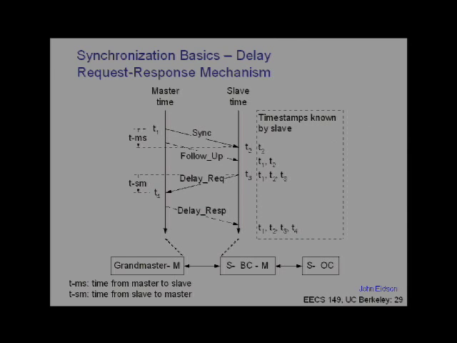So one node serves as master and the other serves as slave. And the slave node will synchronize its clock to the master. Okay? So that's the general idea of the protocol. So you have a network. The network organizes into maybe a hierarchy of master-slave pairs. And then each slave synchronizes to the master. And then there's one global master. And so everybody synchronizes to that. Okay?